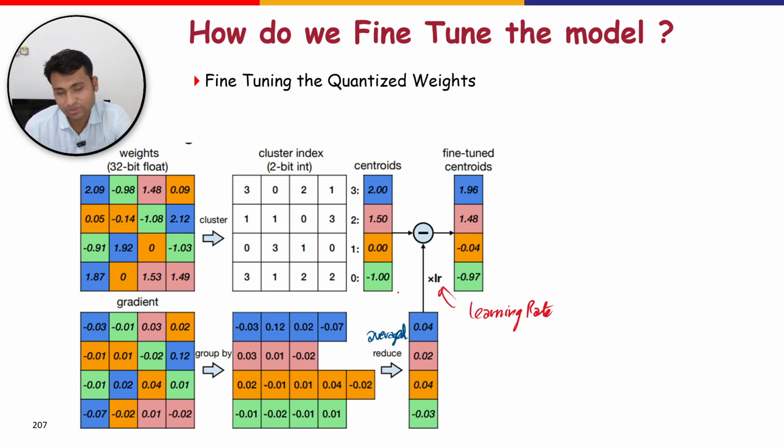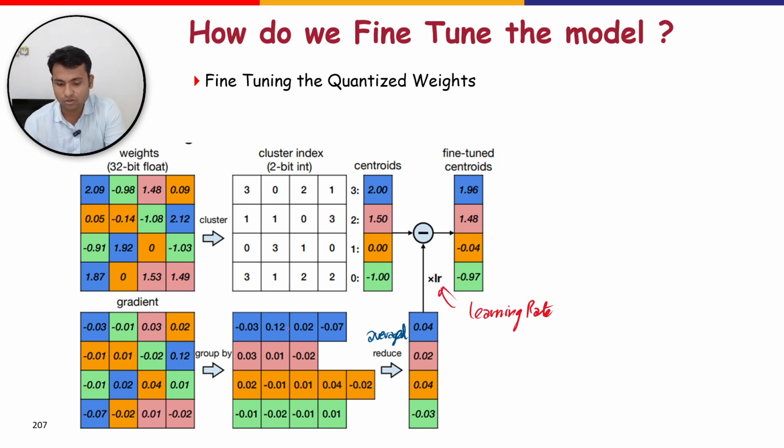So we do the whole operation in the same way: we have the weights, we clusterize them using the k-means algorithm, and then we calculate the gradients. Whatever the gradients are, we color code them in the same way as in the weight matrix, because finally the calculation, if you remember, is happening in floating point. So the gradients which you obtain are again in floating point representations.